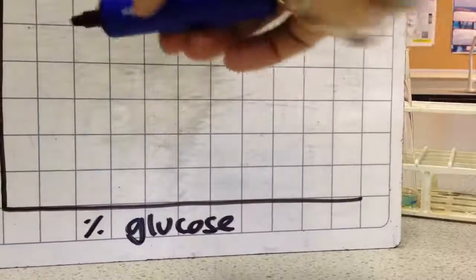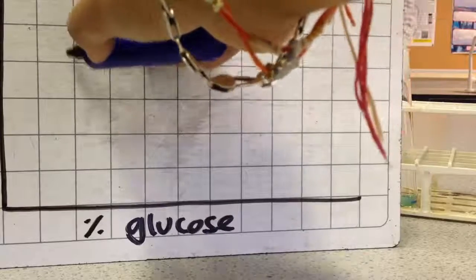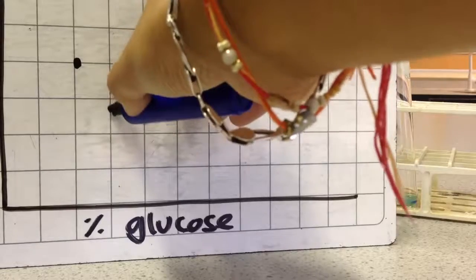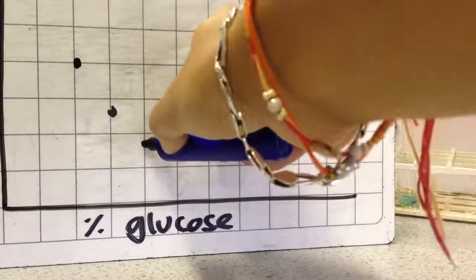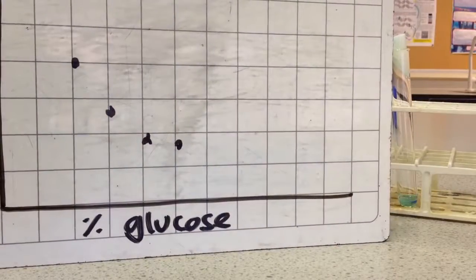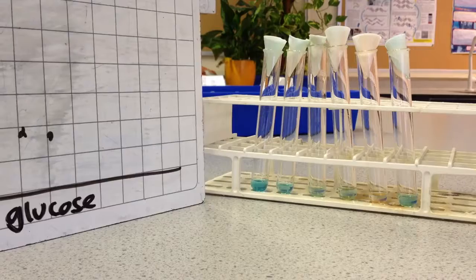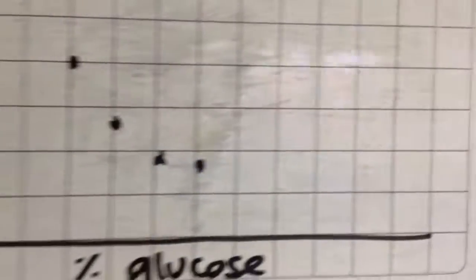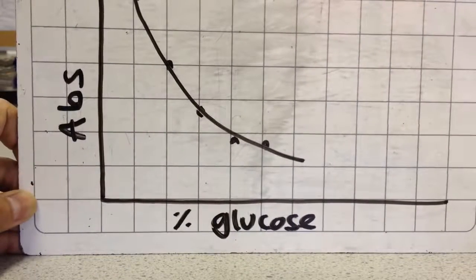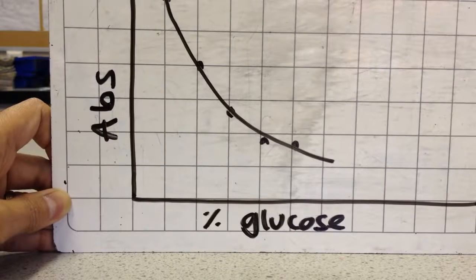And then as the percentage of glucose would increase, that absorbance would go down. Okay, I'll get something like that. Right. Then I could make a curve through that graph. And that would be my calibration curve for my standard set of solutions.